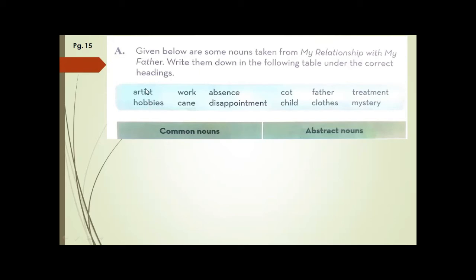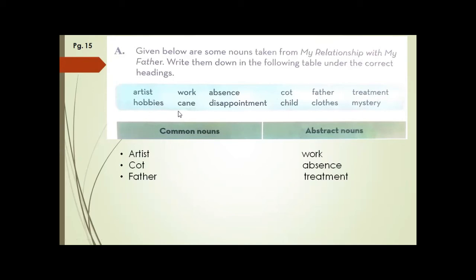So what is artist? Is artist a common noun or an abstract noun? So artist is a common noun and work is an abstract noun. Now absence and cot. Absence is abstract and cot is a common noun. Now father and treatment. Father is a common noun and treatment is an abstract noun.